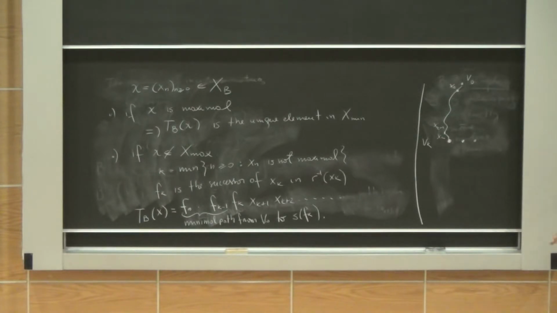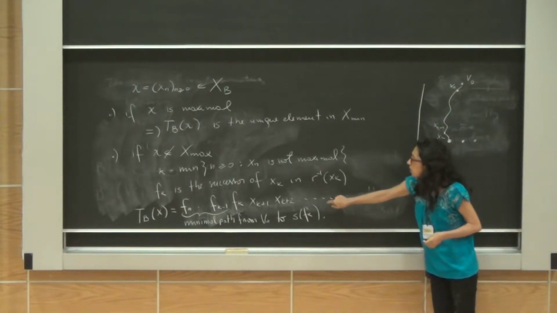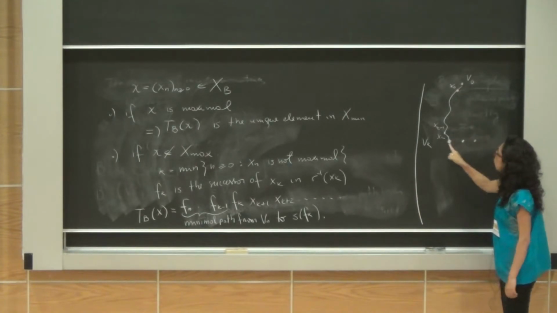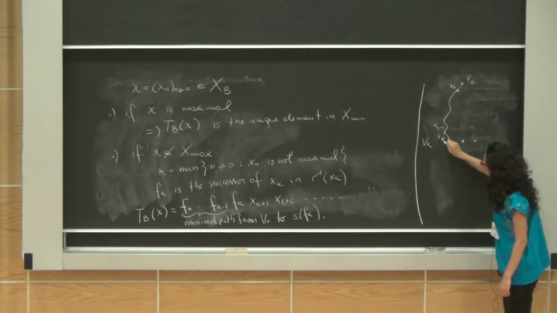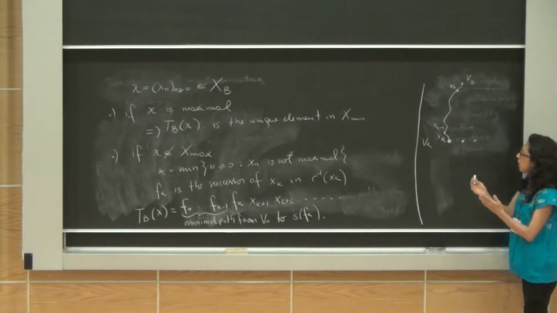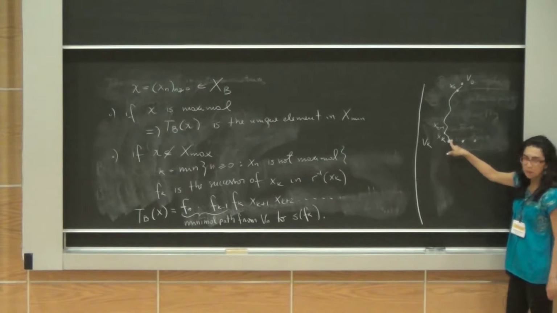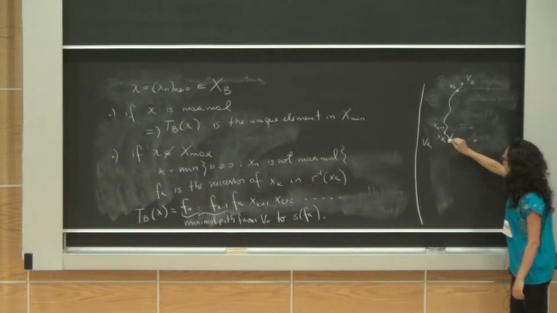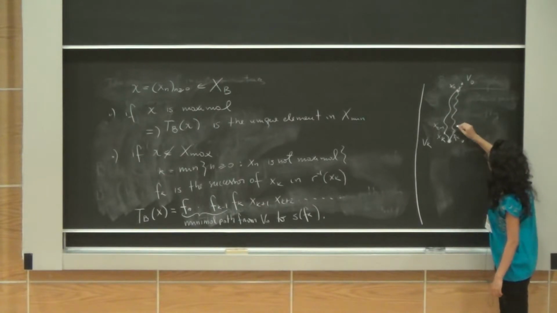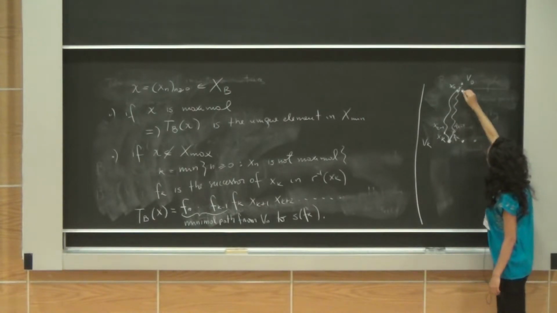And the only thing that this transformation does is, we take the path from x0 to xk, where k is as we defined here, and then we take the successor of this path. This is fk, and this is the minimal path.